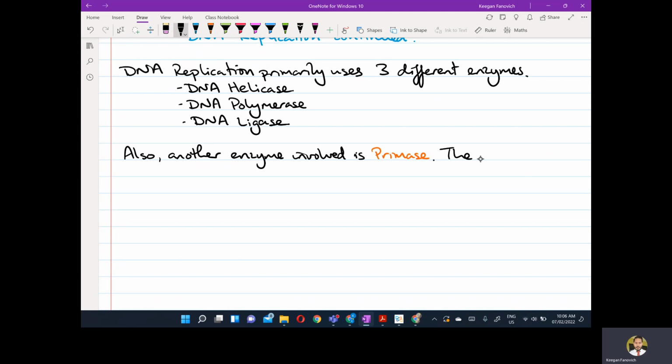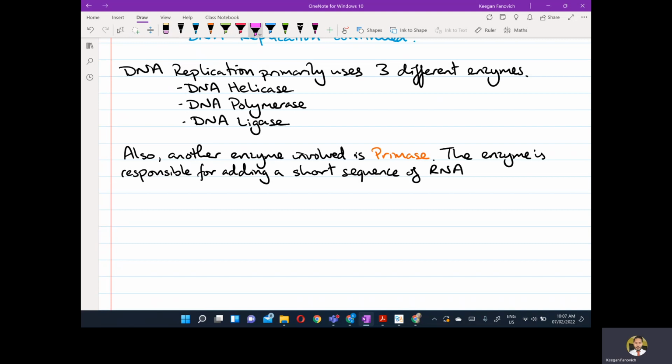The enzyme, right? The enzyme is responsible for adding a short sequence of RNA, and this is very important.